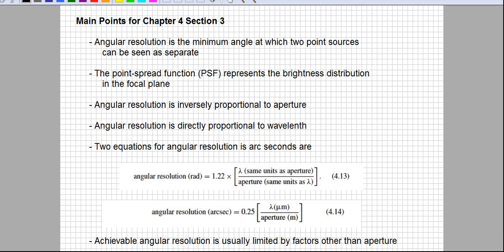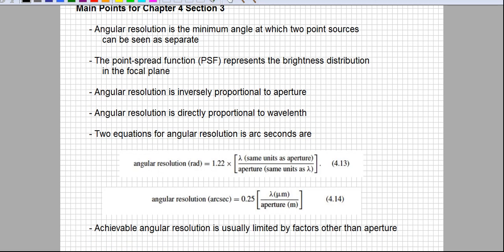It is inversely proportional to aperture, so bigger aperture means smaller, that is better, angular resolution. Longer wavelength means bigger or worse angular resolution for the same aperture. The 2 equations are given here. 4.13 gives you an answer in radians, 4.14 in arc seconds, and always remember that the achievable angular resolution is usually limited by factors other than the aperture of your instrument.